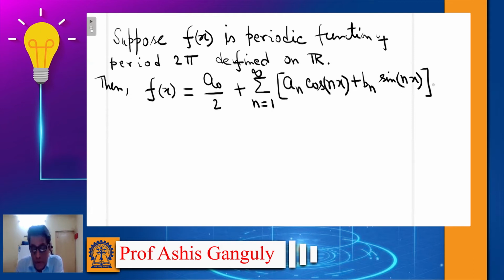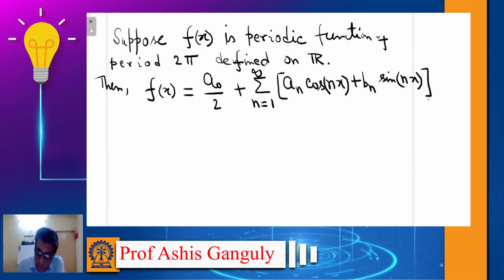Now you see, I am not discussing all the conditions imposed on f(x). Of course, there is some condition, like f(x) must be piecewise continuous at least, to write it in this way. And also this infinite series will be assumed to be, in that case, term by term integrable or differentiable. Okay. We are not interested in the theoretical discussion. We are interested in the results.